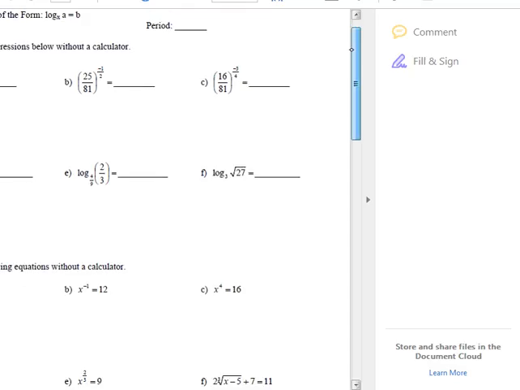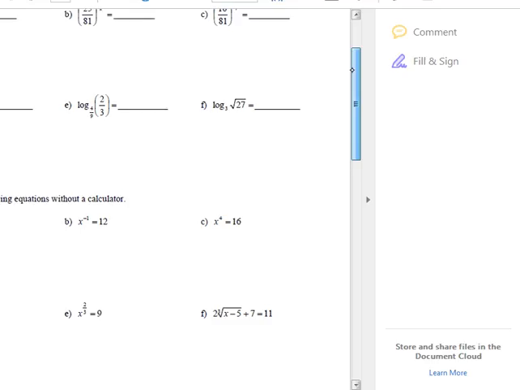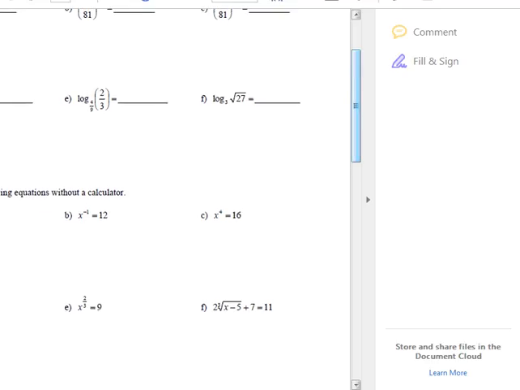These are just practice at the beginning on making the bases the same. Like make that into a 9 or a 4/9 to a power. Remember, if you get stuck on these, you just say equals x and you rewrite it. 4/9 to the x equals 2/3, and then you go, the only way I can do that is if the bases are the same, and you might realize I could write that as a 2/3 to a power, and then you can solve it.